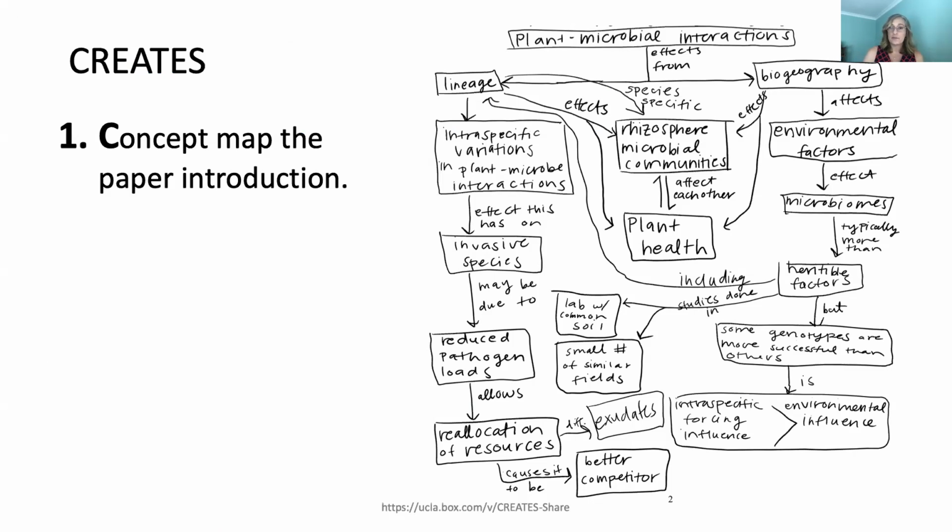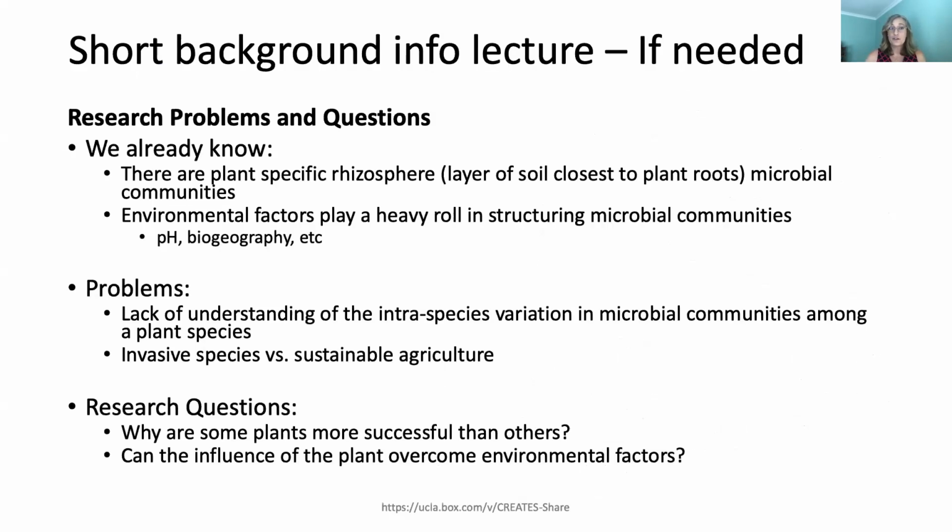In a lot of instances, you might need to give some short background information. So you might need to do a background lecture before the students can really dive further into this. I would usually do this after the students read the introduction and start identifying the key parts of it. In this case, I would maybe highlight some of the things about the research problems and questions in the paper, things to look at.